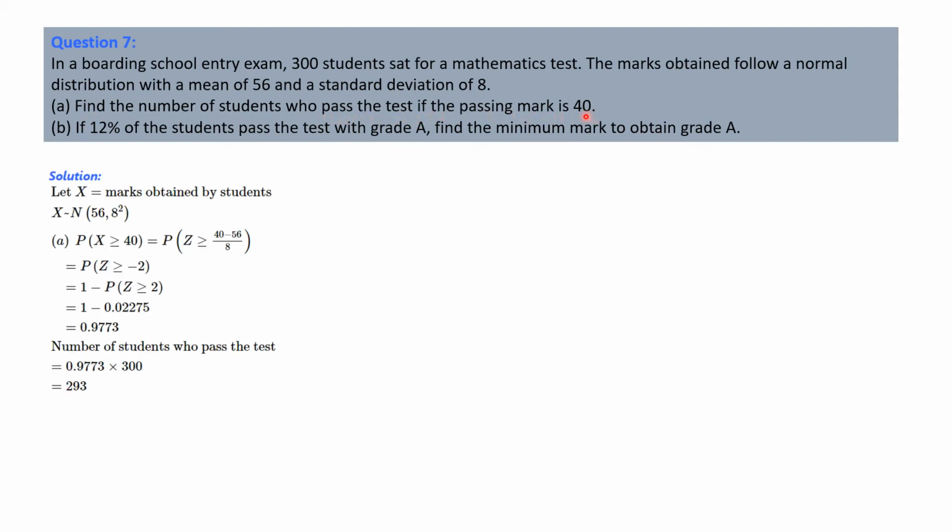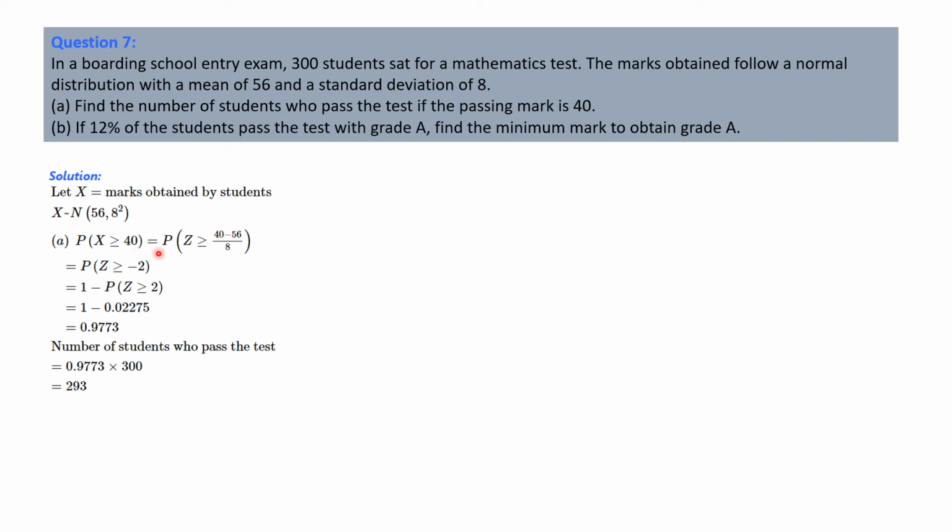So we have to write the information given. So X is distributed normally with the mean of 56 and standard deviation of 8. We are asked to find the number of students who pass. The passing mark is 40. So we have to find the probability for x greater than or equal to 40.